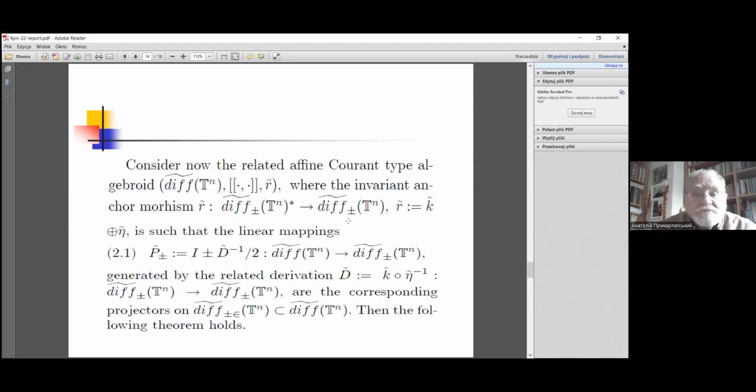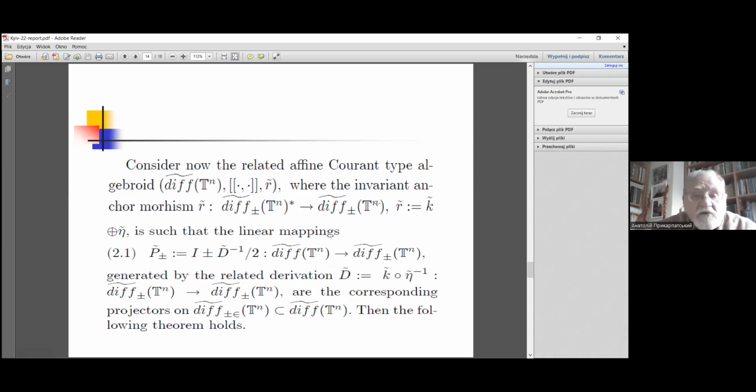So we have two parts, diffeomorphism plus and minus, analytical inside and outside, and we need to construct the anchor of our algebroid.